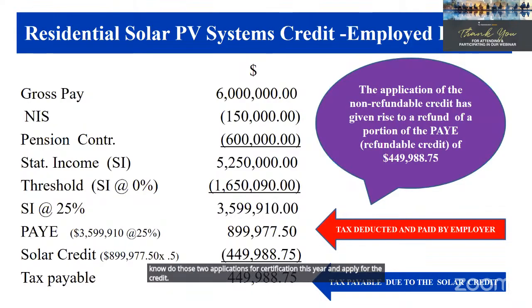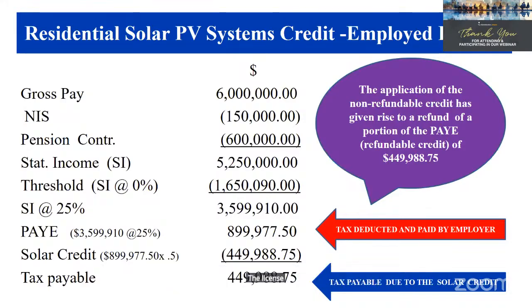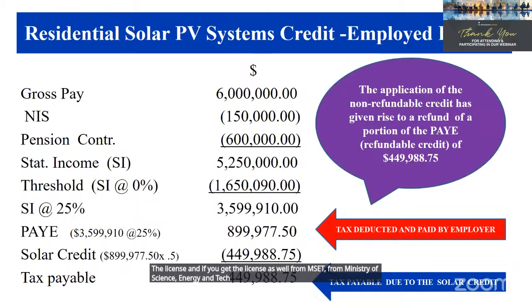Okay. So in terms of the licensed electrical inspector certificate, if you apply for that this year, then certainly that would be one step closer to the credit. And if you get the license as well from MSET, the Ministry of Science, Energy and Technology, certainly you'd be able to claim the credit in 2025.